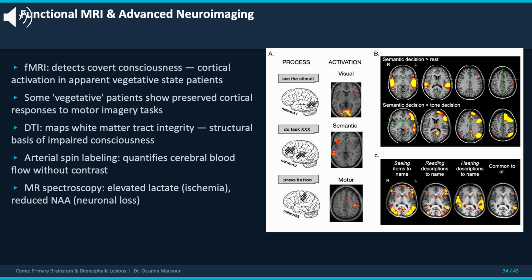In landmark studies, some patients who appeared to be in a vegetative state based on clinical examination were found to have preserved cortical activation patterns on functional MRI when asked to imagine performing specific tasks such as playing tennis or navigating through their home. These findings have profound implications for our understanding of consciousness and for clinical practice, suggesting that some patients classified as vegetative may actually have some degree of preserved awareness.